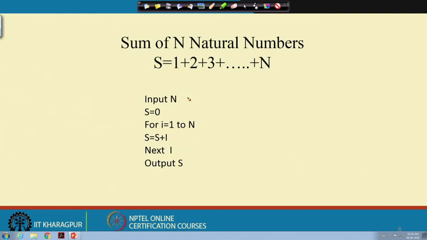So, that means compute this iteratively, the algorithm is something like this. The input is n. Okay.